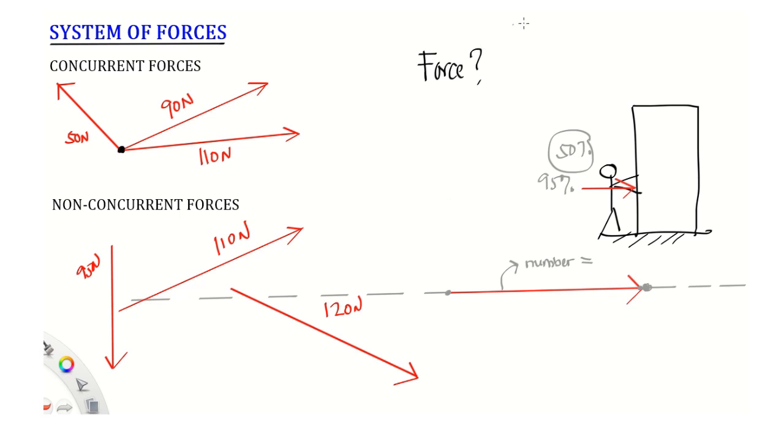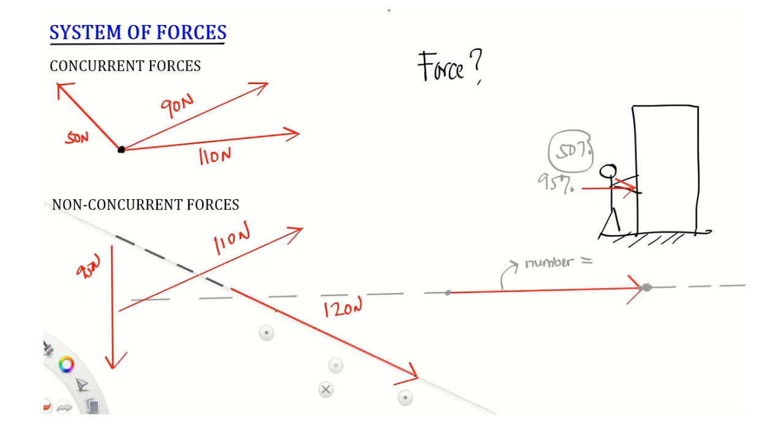But if we look at the line of action of these forces, let's say for this one, if we try to draw the line of action of this force, it is like this one. This is the line of action of the first force.